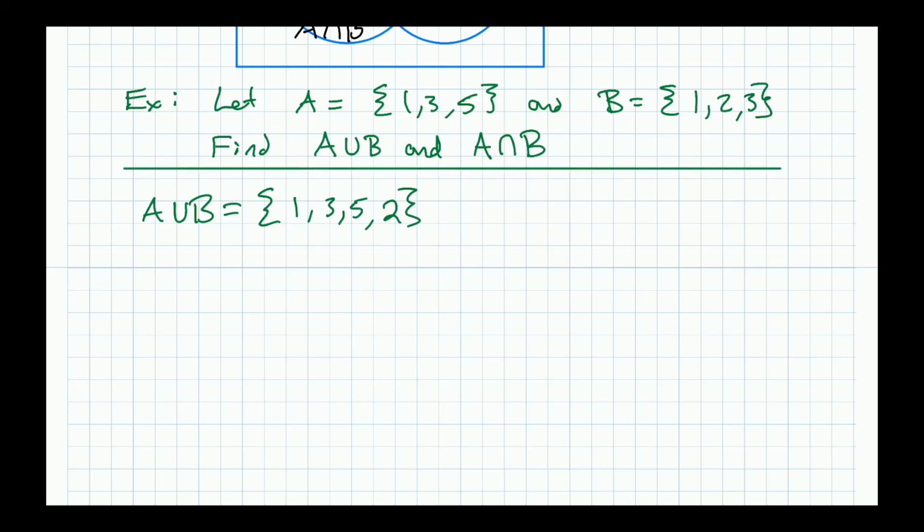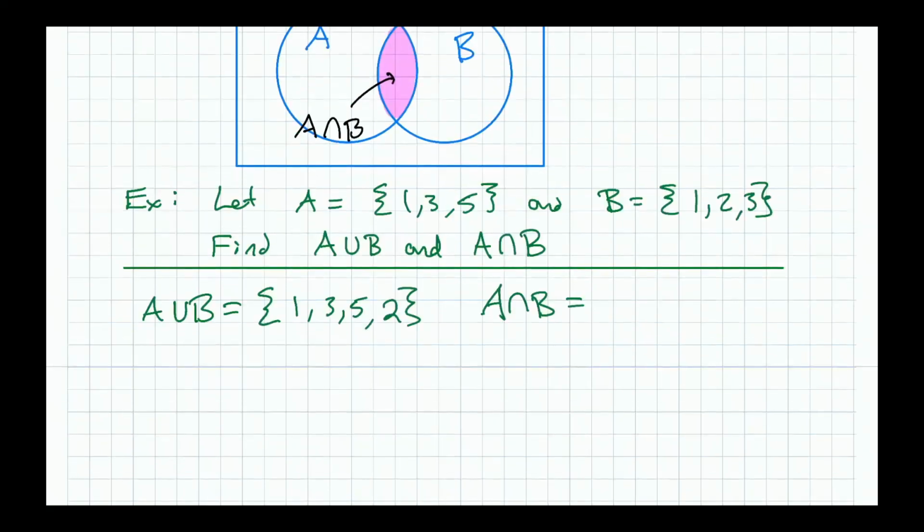So let's find the intersection. The intersection is what we see in the Venn diagram up there. It needs to be elements that are in A and B both at the same time. So you have to look at A and B and say what's in both of those sets.